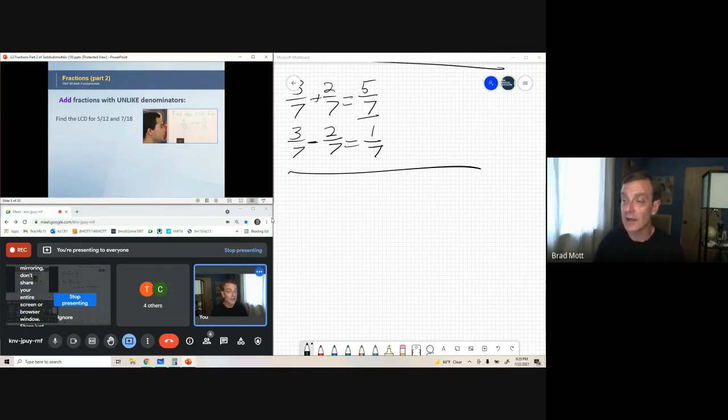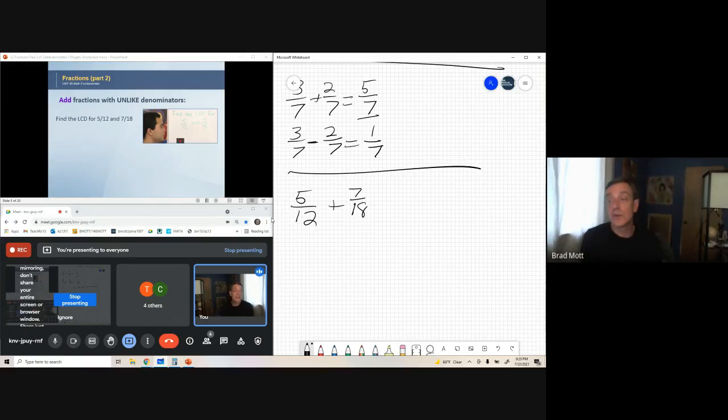So let's take a sample here and work through it. So we're going to add 5/12 and 7/18. So is someone familiar enough to tell me what the lowest common denominator between 12 and 18 is? Okay.